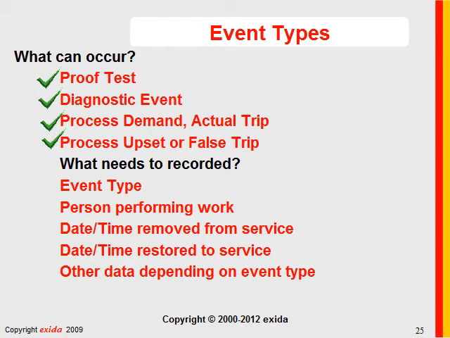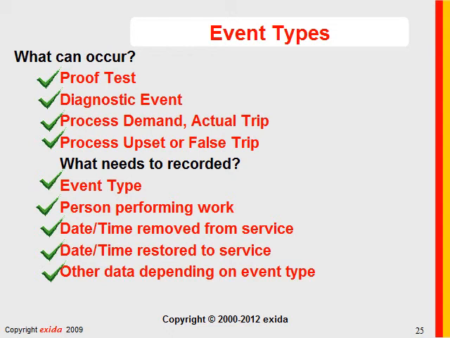If you want a good picture, and if you really do want to save money, we have to work on, in fact, most people really want to work on the false trip events. What needs to be recorded? The event type, person performing, the date and time, any particular device removed from service, the date and time it's restored to service, and of course there are other pieces of data depending on the event type.